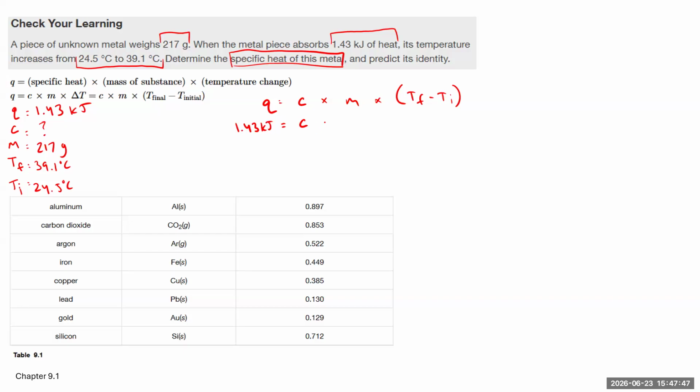All right. We have specific heat. Mass is 217 grams times 39.1 degrees Celsius minus 24.5 degrees Celsius. We're going to do parentheses first.